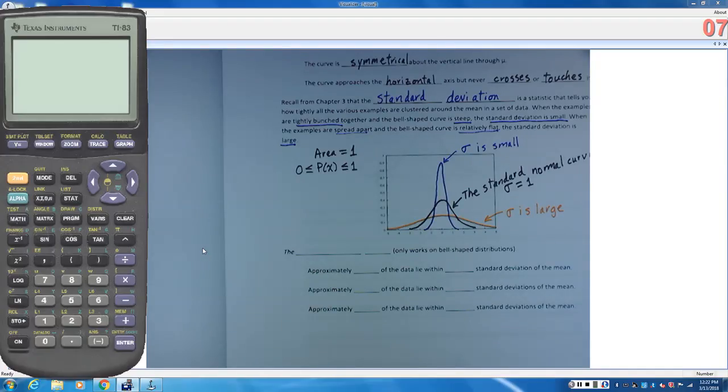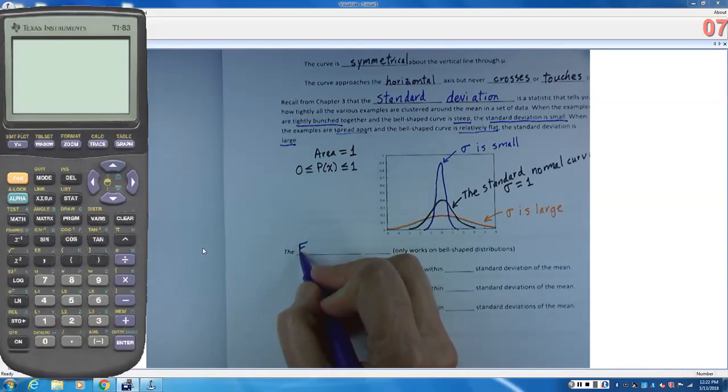But this is the empirical rule, and it works on all bell-shaped curves.